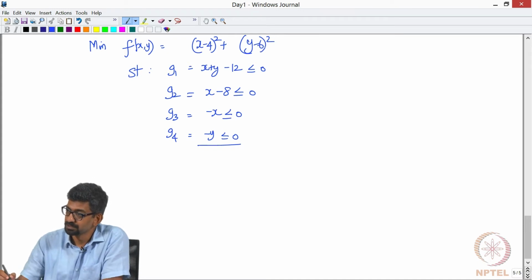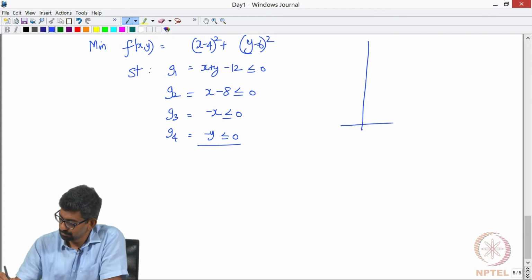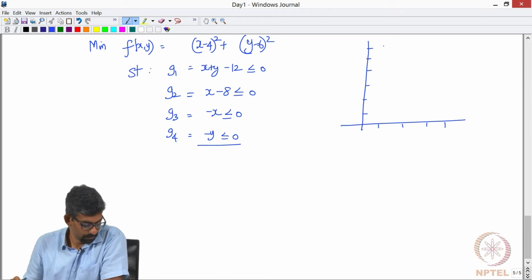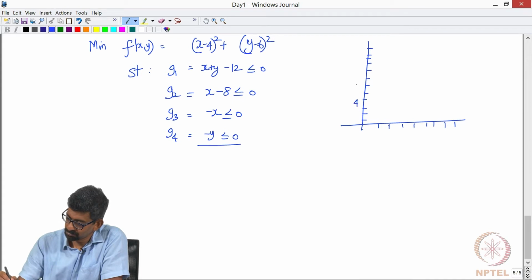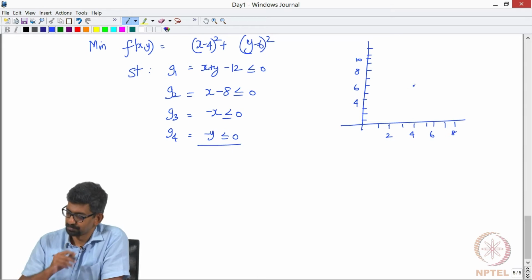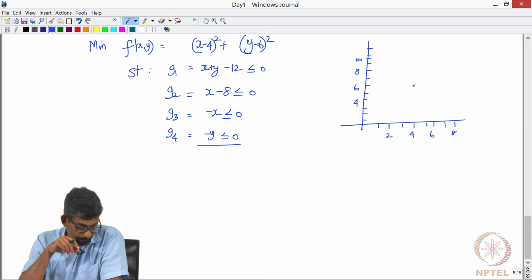It is a circle with center 4 and 6. So, 4 and 6, that is the center. Okay.